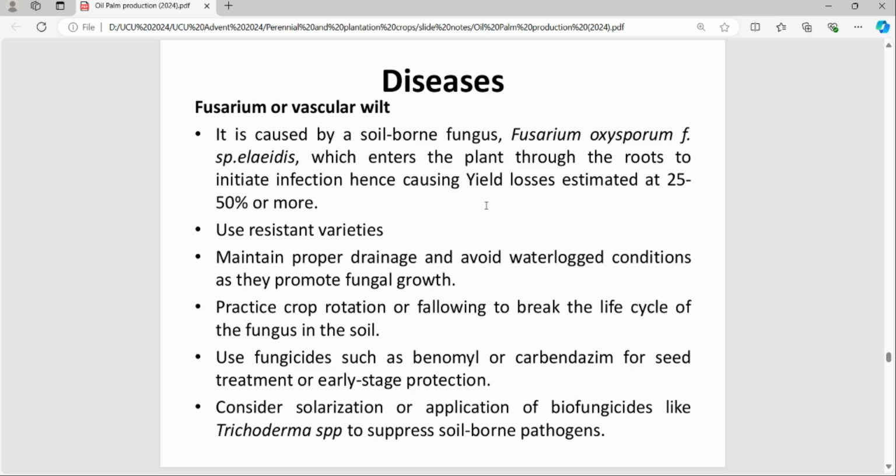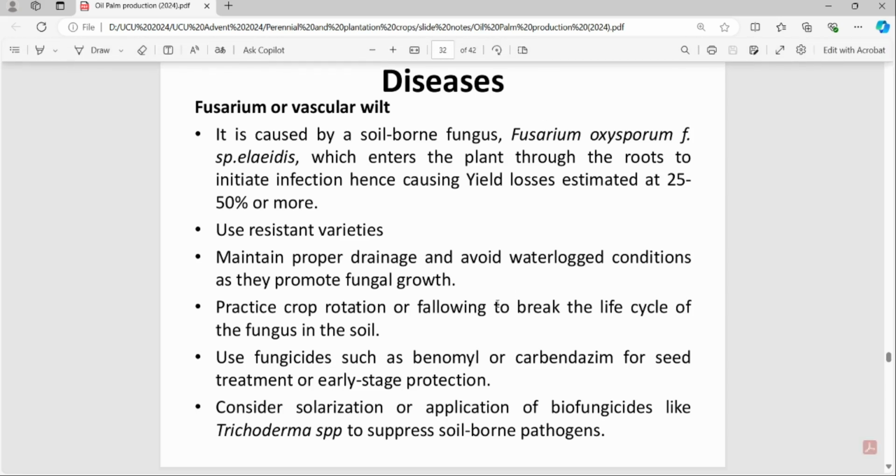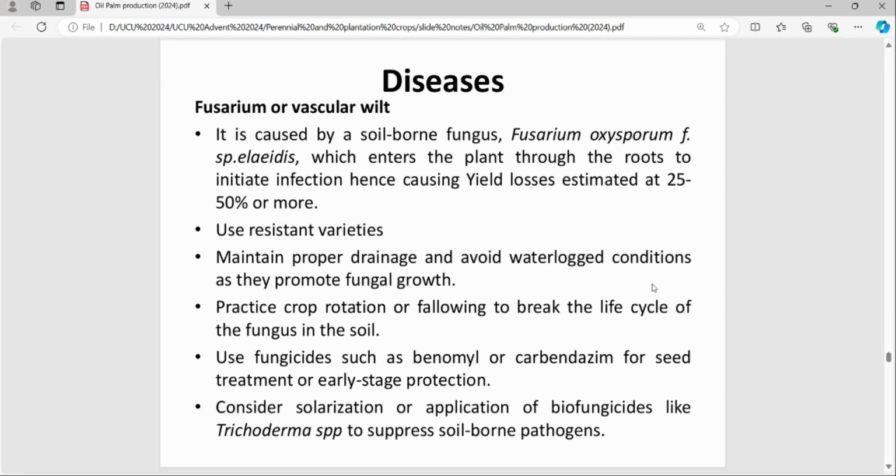This can be prevented or managed by using resistant varieties, maintaining proper drainage and avoiding waterlogged conditions, as well as crop rotation and fallowing to break the life cycle of the fungus within the soil.